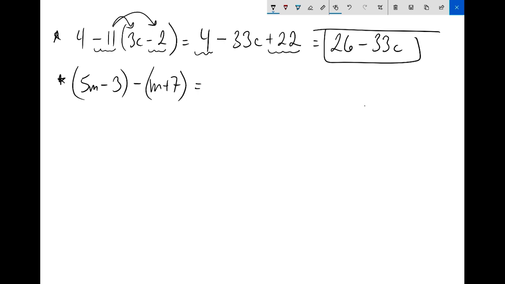We actually don't, because there's nothing being distributed through to that. So those are redundant. But the second parentheses we do need to take care of, because what's in front of them? This minus. To get rid of those, we have to distribute the negative through. So it's going to flip the sign. It's going to turn that positive m to a minus m, and the plus 7 into a minus 7.